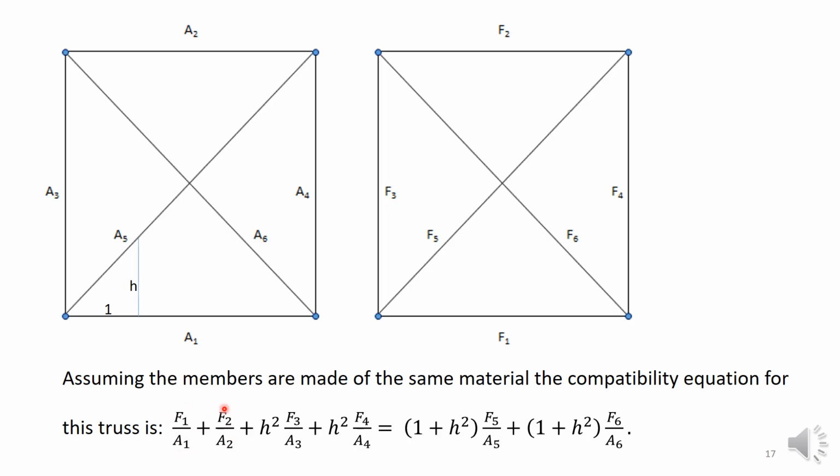These two terms here correspond to the horizontal members. These two with the H squared correspond to the vertical, and these correspond to the diagonal members. So you can notice the form of the equation. That helps you to remember these things, and it helps to avoid errors also.